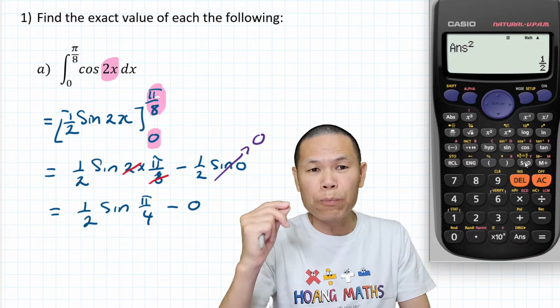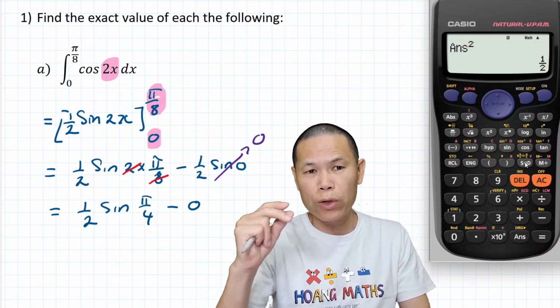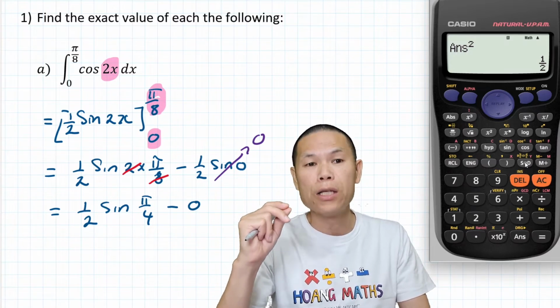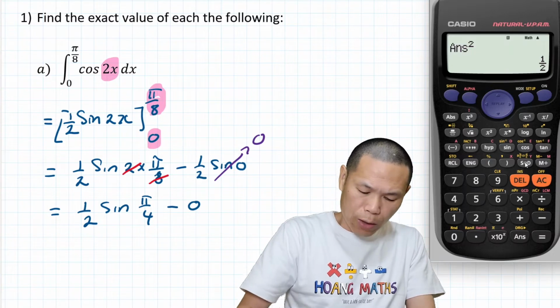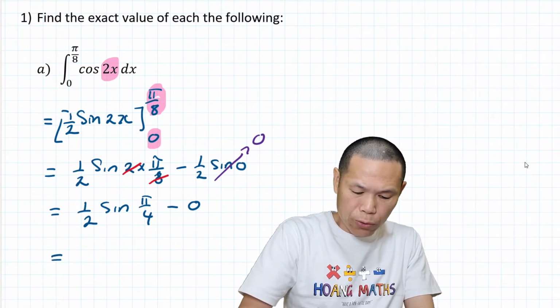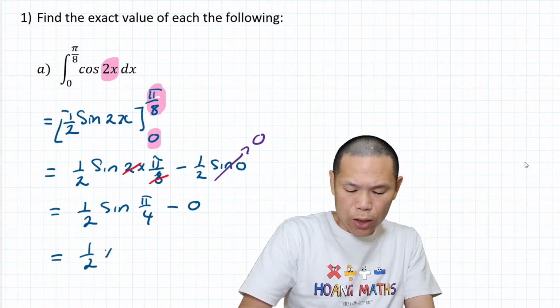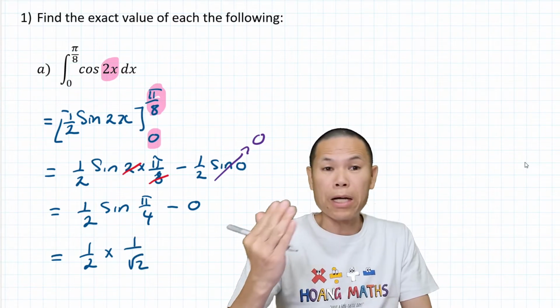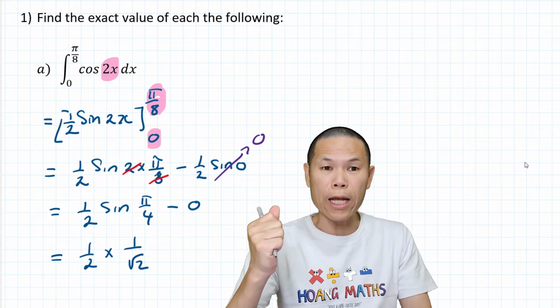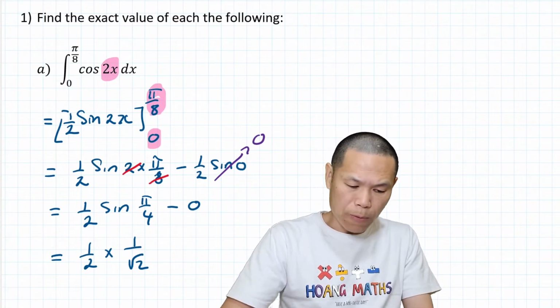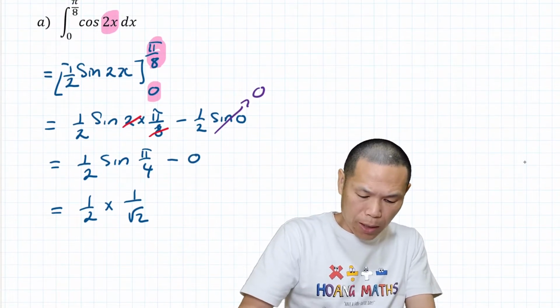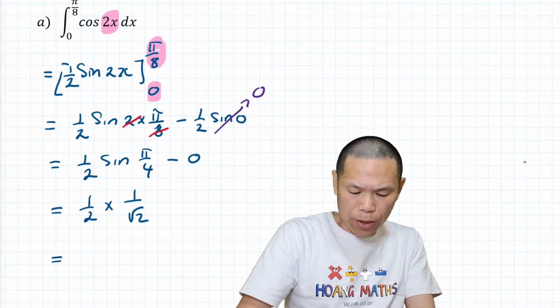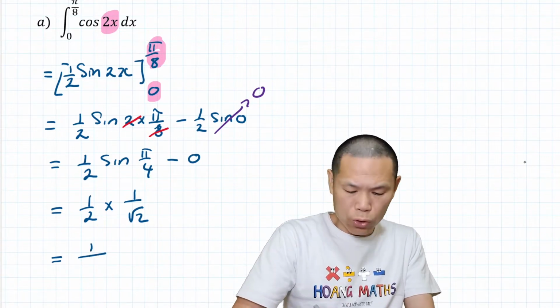But square root of 1 is 1. So square root of 2 we leave in exact form. So 1 over square root 2. So that will give me equal to 1 over 2 times by 1 over square root 2, and minus 0. Okay, so we ignore that. So then that will give me, let me just move this up, 1 times 1 gives me 1, and 2 times root 2 is equal to 2 root 2.